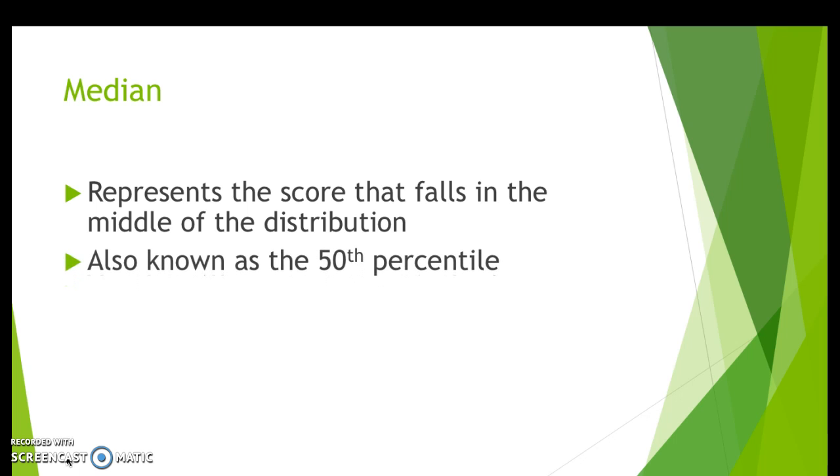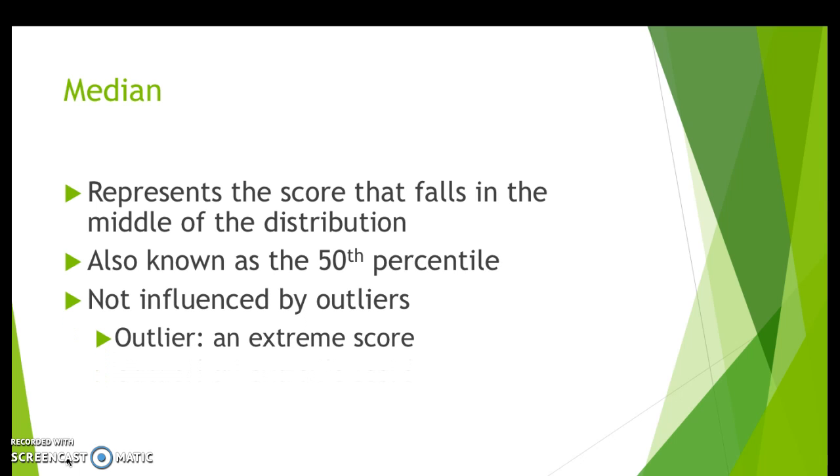So the median, like I mentioned, is the measure that looks for the score that falls right in the middle. In order for you to be able to do this, you have to be able to rank everybody's score from lowest to highest, and then you find the score that falls right in the middle. Because of this, the median is also known as the 50th percentile.